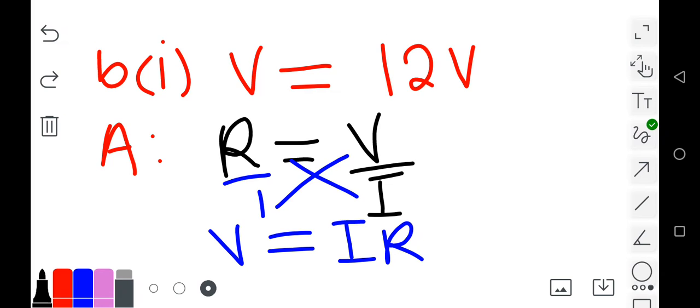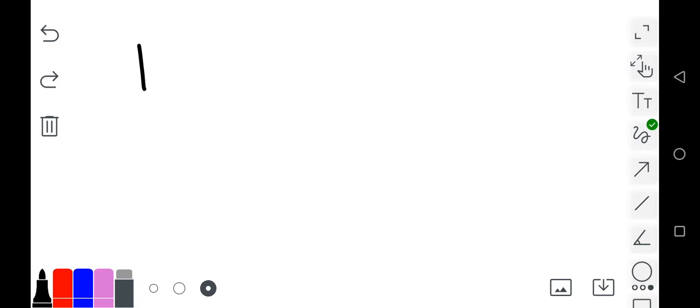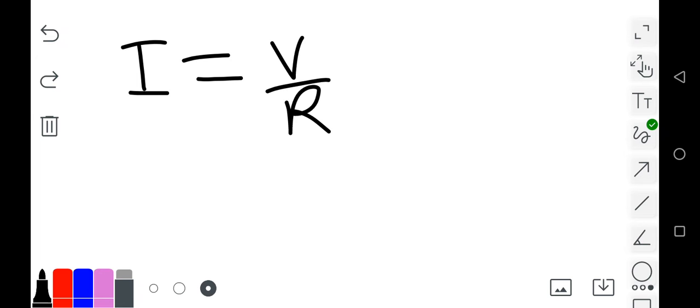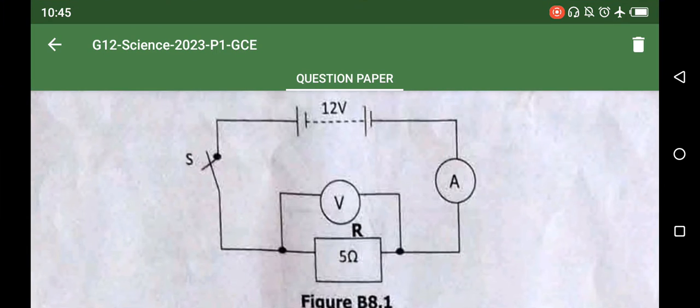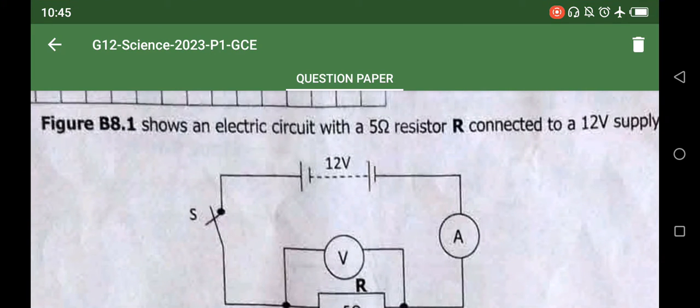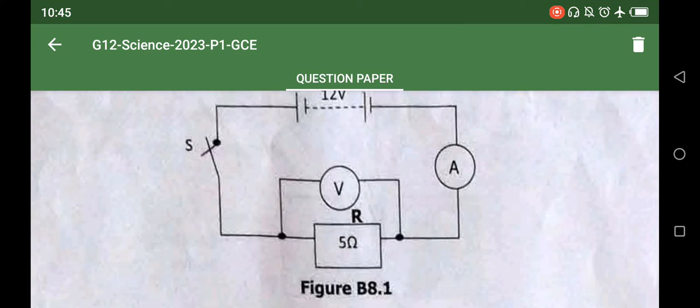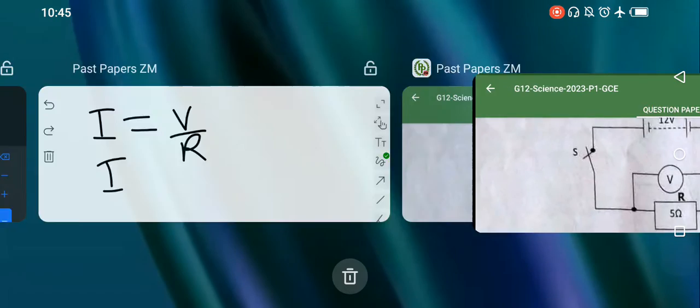From there you can simply divide both sides by R, so that we remain with I. Therefore, I is simply V divided by the resistance. We know from the diagram that our voltage is 12 volts and our resistance is 5 ohms.